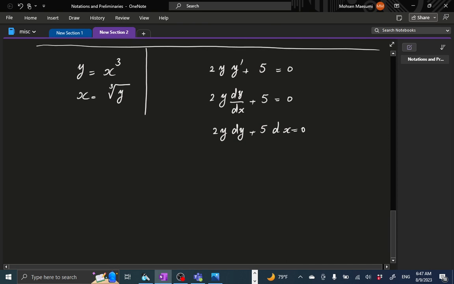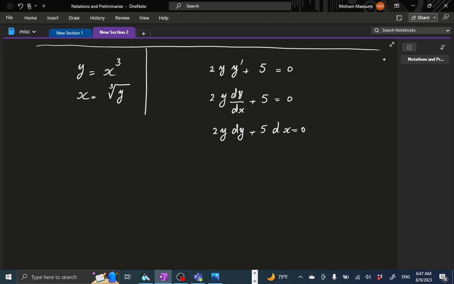Once you write it like this, you might explore the problem from a different point of view. Instead of looking at the derivative of y with respect to x, you might, for whatever reason, look at the problem from the point of view of the derivative of x with respect to y. So you can write it as 2y plus 5 dx/dy equal to 0.